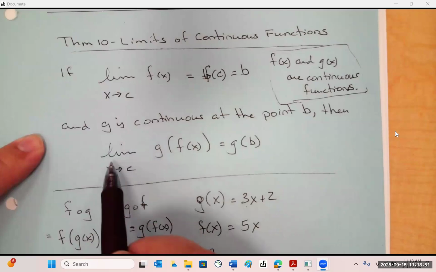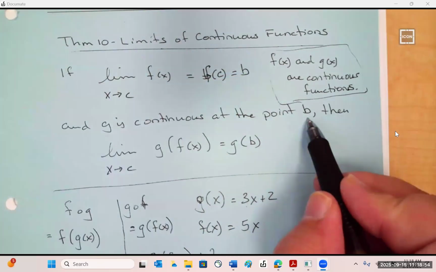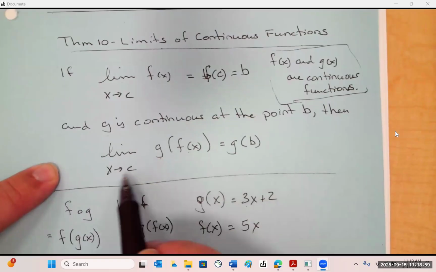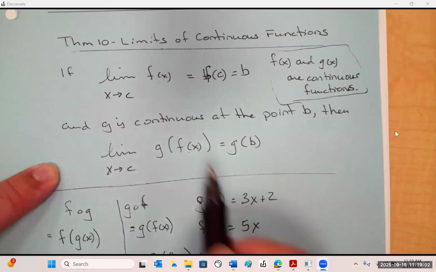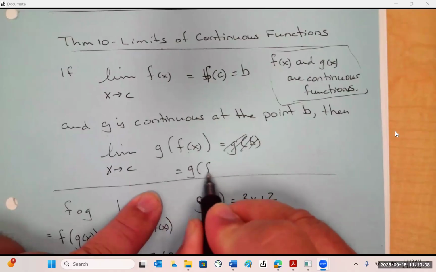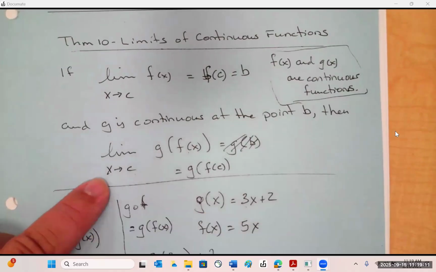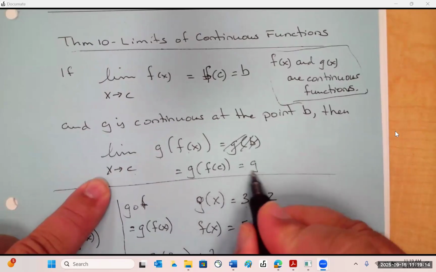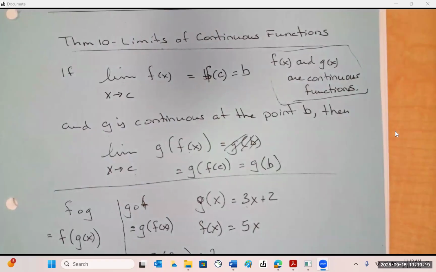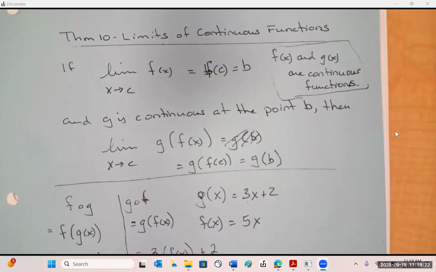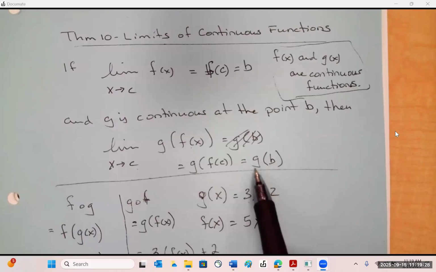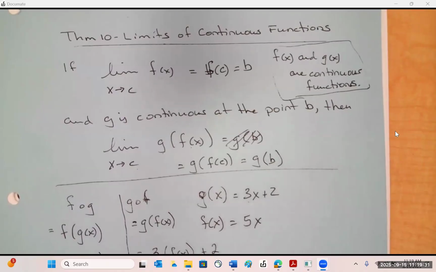Then, if g is continuous at that point b, then the limit of the composite function g of f of x as x approaches c is really g of f of c, because we're going as x approaches c. What is f of c? F of c is b. So the limit of g of f of x as x approaches c is actually g of b.